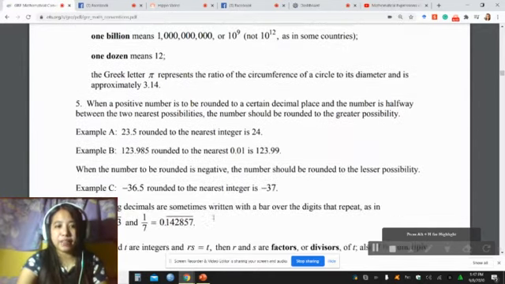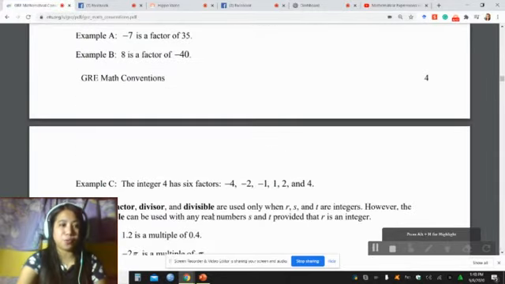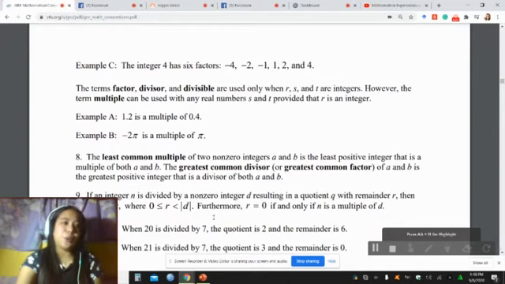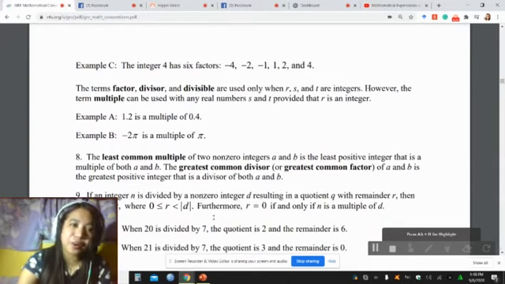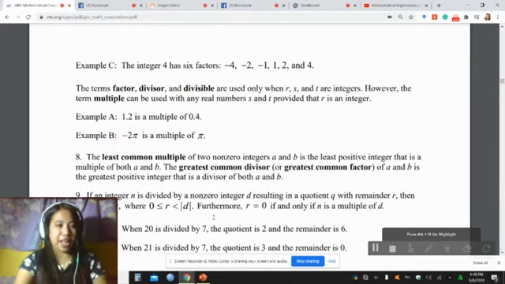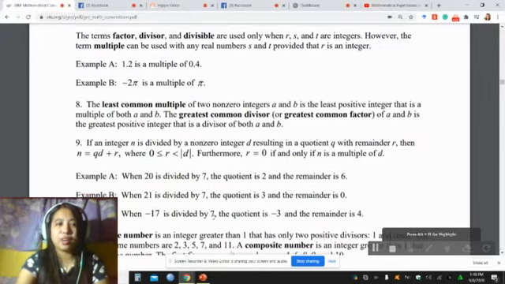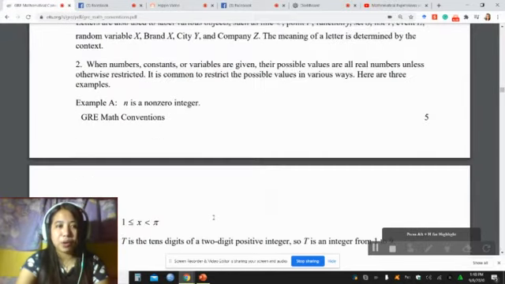So we actually have here a lot of examples of mathematical convention. We also know what is the term factor, what is divisor, divisible. So we know the difference between the different terminologies, or if the term is least common multiple, greatest common divisor. These are all mathematical conventions.